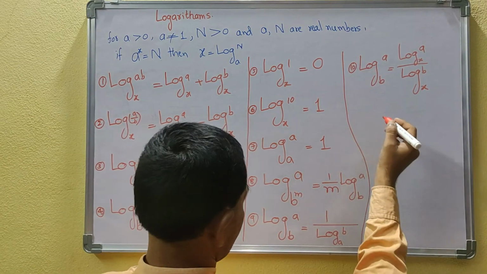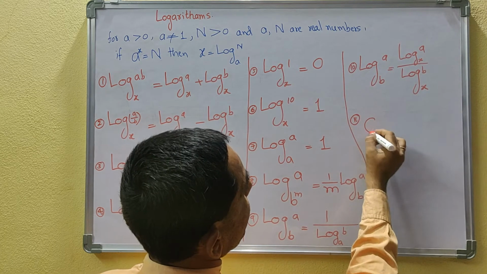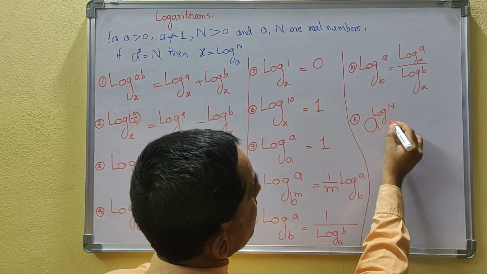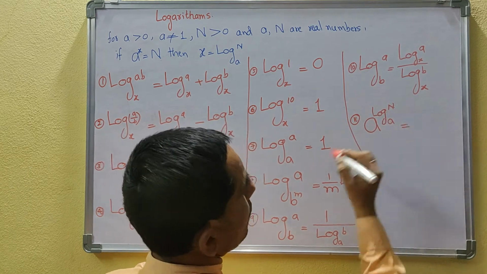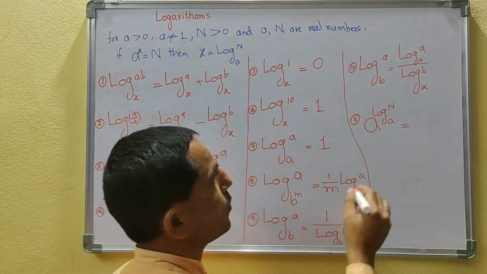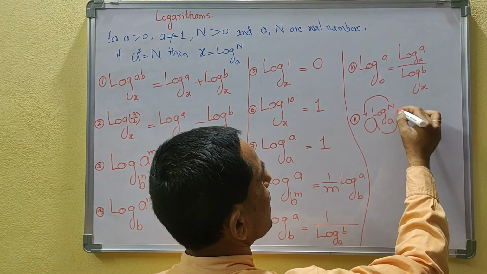Next, the 11th one: a to the power of log n to the base a is equal to, here n will come here and a will come here.